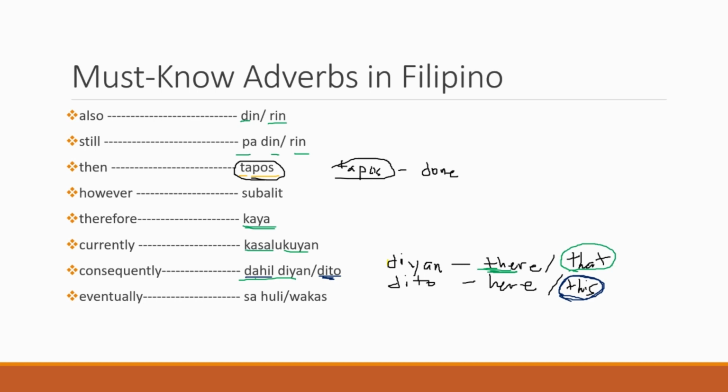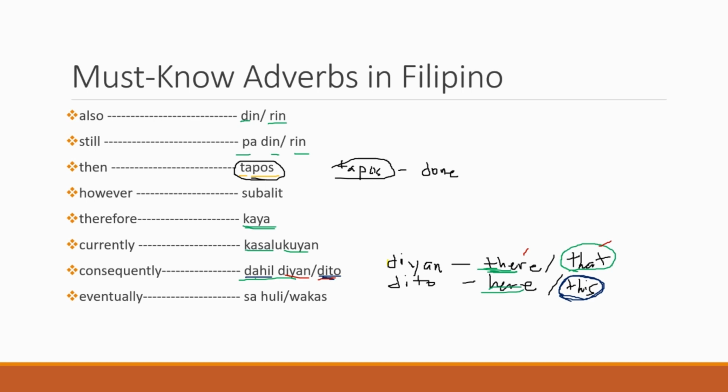So the translation for that in Filipino should be, bumalik ka dito. It's for here. So there are many meanings of the word dyan and dito. And these two meanings are the examples of it.